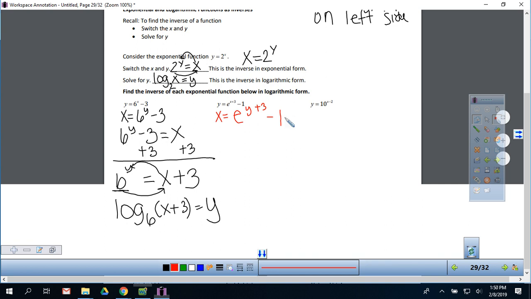Now we want our exponent on the left side. Okay. Step 3, get our exponent by itself, so add 1.